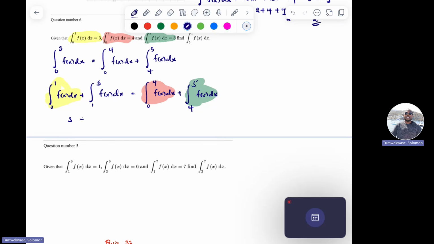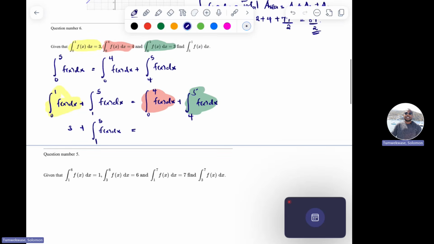Is 3 plus integral from 1 to 5 f of x dx. Integral from 0 to 4 is 4. Integral from 4 to 5 is 3. And you can see that I'll have integral from 1 to 5 f of x dx. This is the same as 7, which is 7 minus 3. And this is equal to 4.